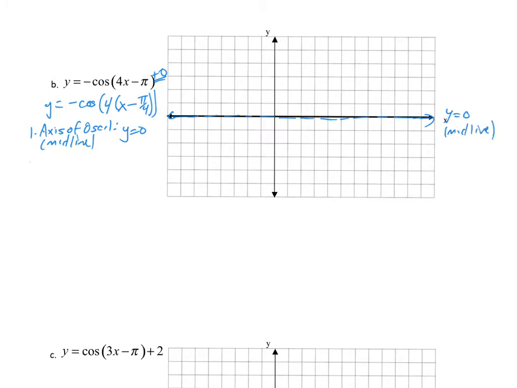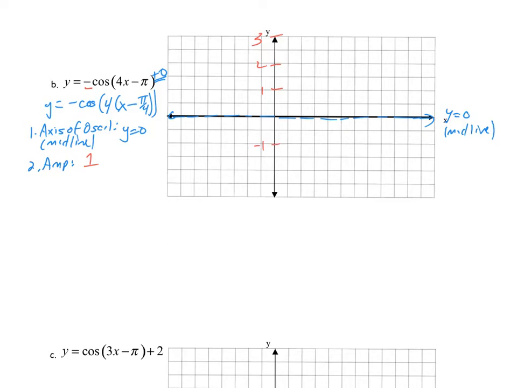Okay, the next thing we want to determine is the amplitude. The amplitude comes from the value of a, which for this function is negative 1. We want the absolute value of that, so the amplitude is 1, which means this graph will move up 1 unit from the midline and down 1 unit. I'm going to put a scale on my y-axis, which is always something you need to do.